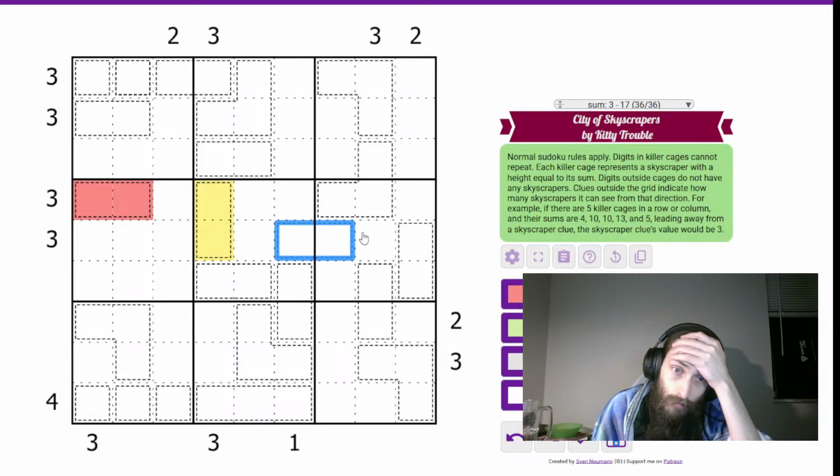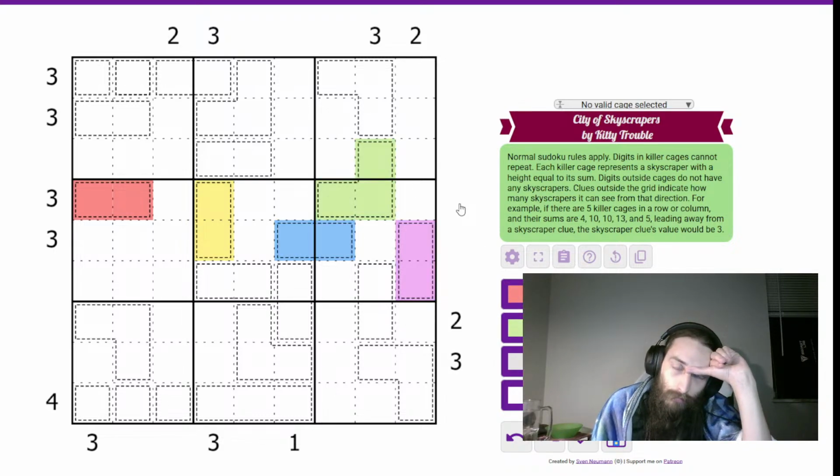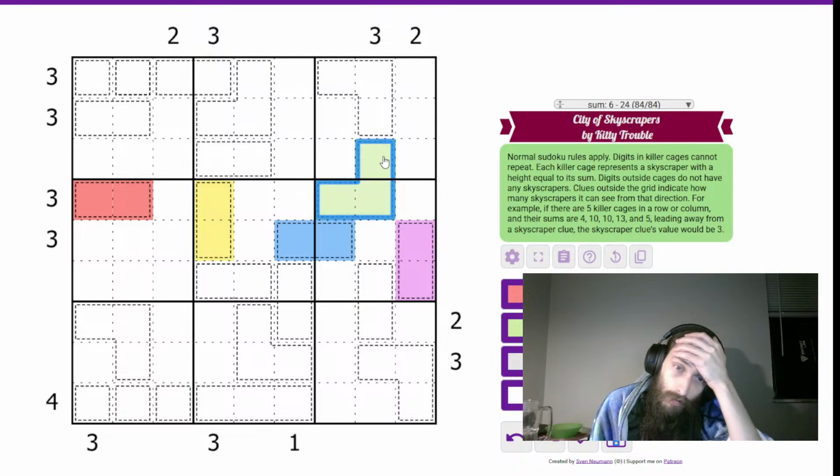Red, yellow, blue, green, and purple. Orange, silver, gray.